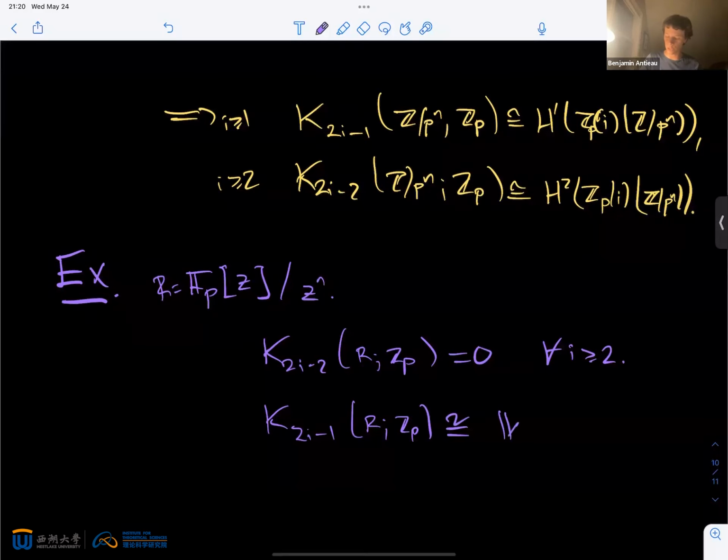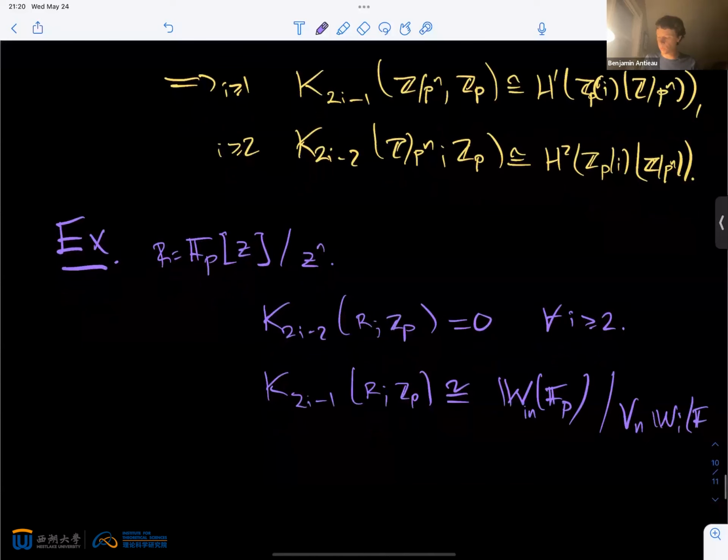It's isomorphic to the big Witt vectors of FP of length I N modulo the nth Verschiebung of the Witt vectors of length I. Here I is the weight, and N is the power.